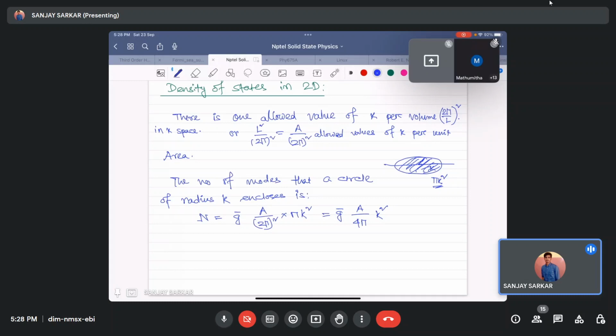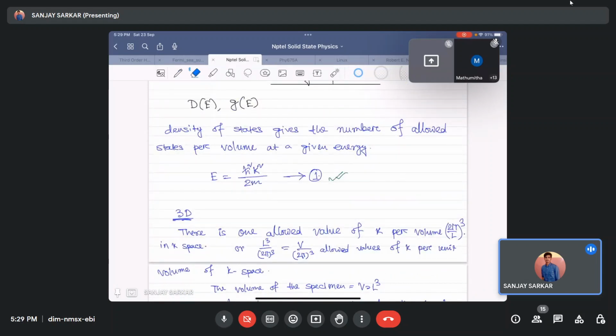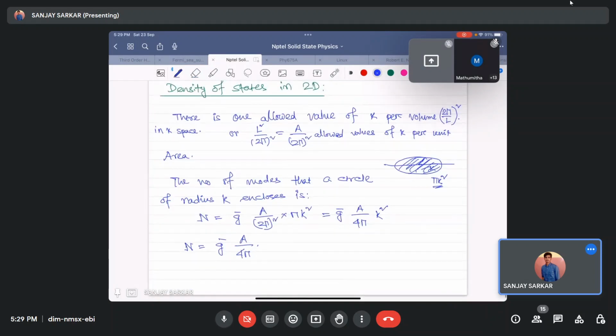Now you can write this n in terms of energy. What is k square? k square is from this relation: k square equals 2mE by h bar square. So replace that value, and you will get g bar A by 2 pi h bar square into mE.